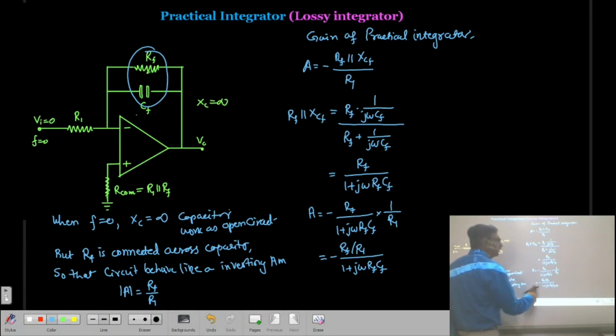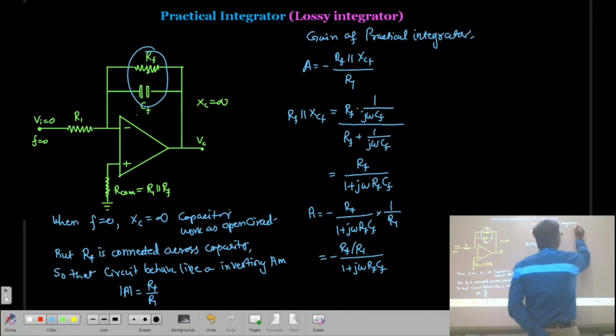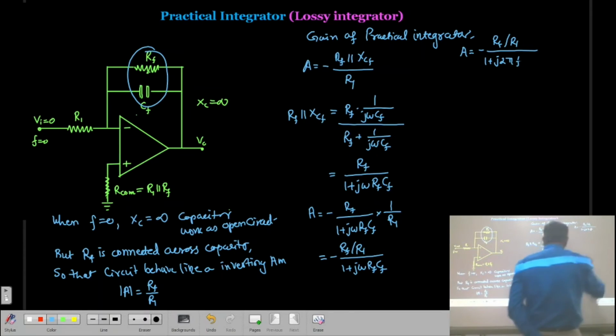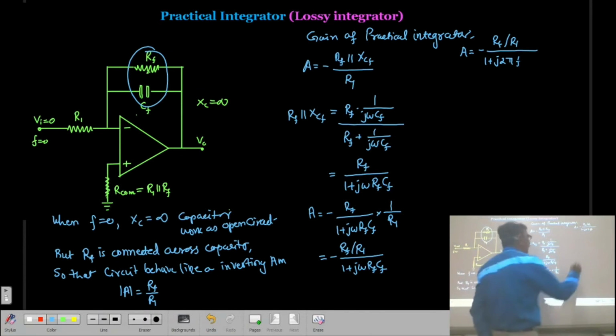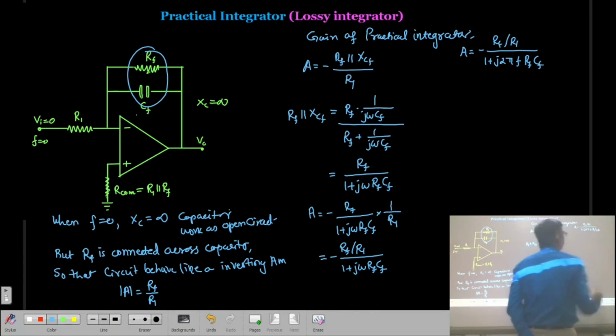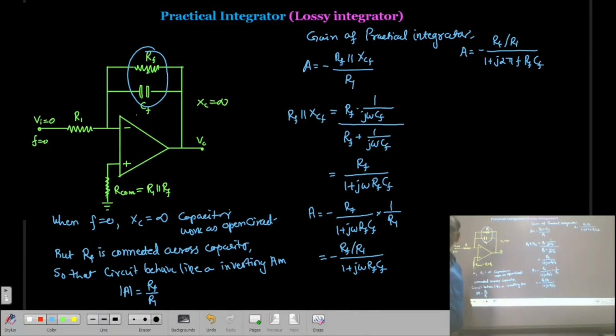Now here this thing I can write as A is equal to minus Rf by R1 divided by 1 plus j 2 pi f Rf into Cf. Correct?